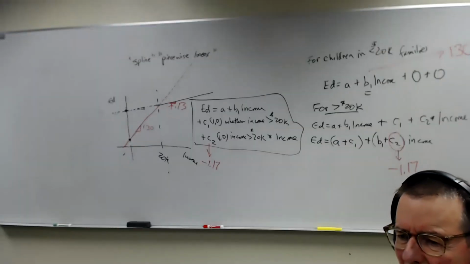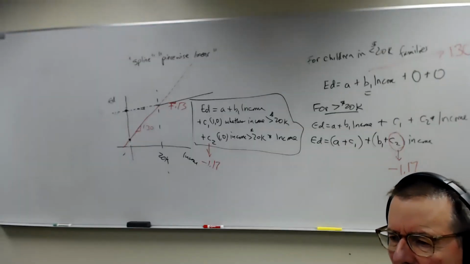Sure. So any other follow-on questions? Anybody? Building on that, I was wondering if you see this trend in your data, could you run a regression without that kind of complex formula, like the plus C1 plus C2 times income?